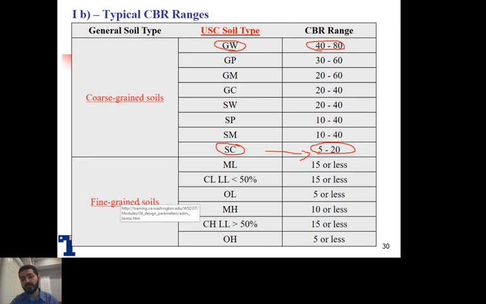For fine-grained materials, we start from ML soil all the way to OH, and the CBR range can go from 15 all the way down to, I've seen sometimes, a CBR of 2 or 3, which means again very, very weak soil, which needs to be stabilized or sometimes replaced before we start paving the road.